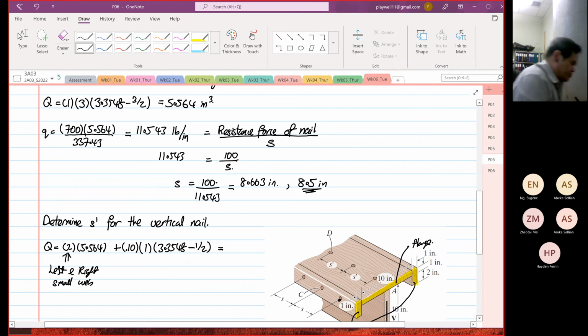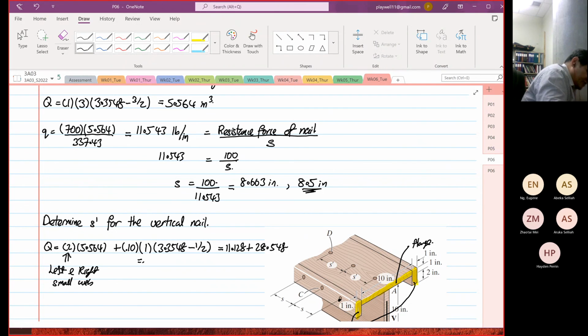So this is the first moment of area. It's equal to 2 times 5.564, which is 11.128, plus (3.3548 minus 0.5) times 10 times 1, which is 28.548. So this is 11.128 plus 28.548, which is equal to 39.676.